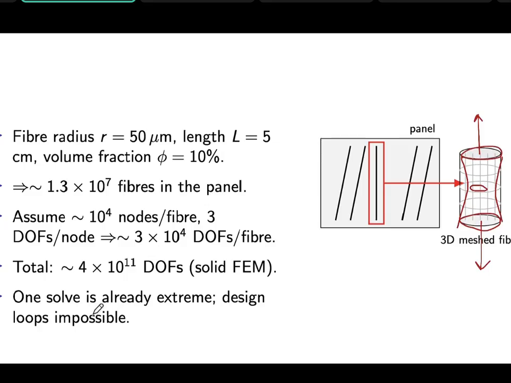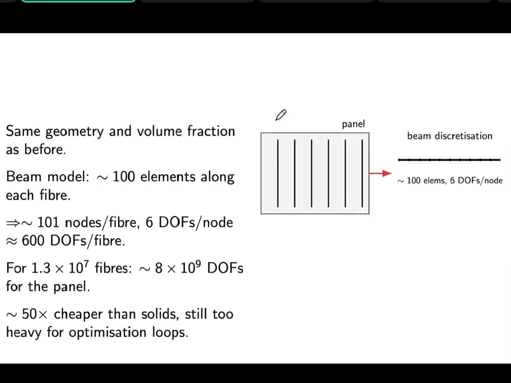And if you do that, look at the number of degrees of freedom. You have 10 to the power 11 degrees of freedom. That's really extremely large, let's say 2 orders of magnitude more than some of the biggest simulations. So let's say that is impossible. We cannot take these things into account explicitly.